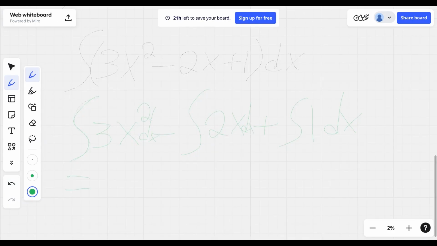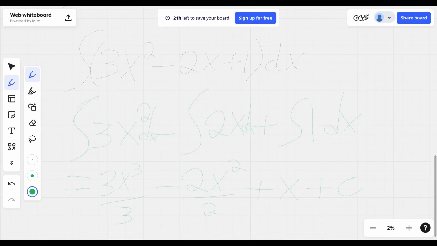So 3x squared would be 3x to the 3 over 3 minus 2x to the power of 2 over 2 plus x plus c. And that would be the answer to this integral.